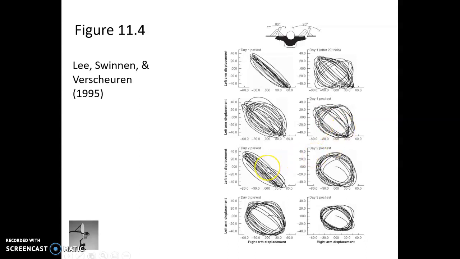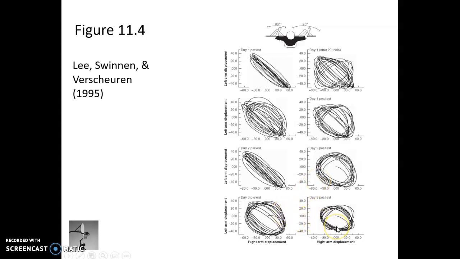Moving on to day two, looks kind of like day one pre-test with just a little more improvement. But as I practice during day two, by the time I get to my post-test, I'm getting very consistent movements with less variability. And then again, day three, not much difference between my post-test 2 and my pre-test 3.